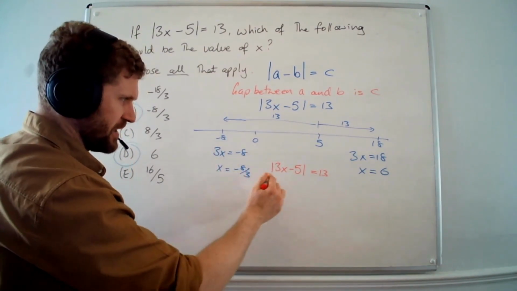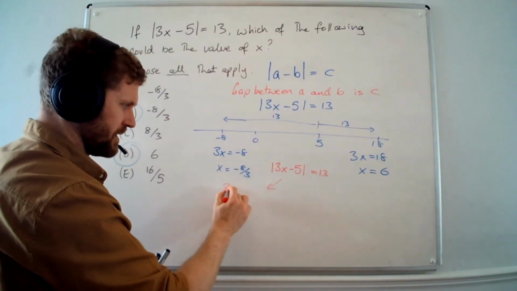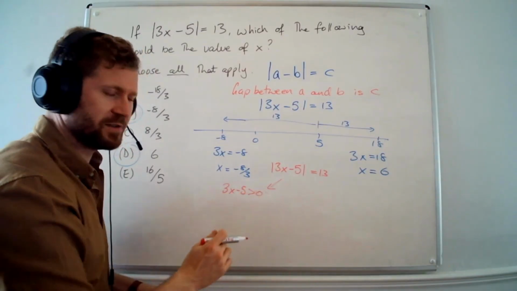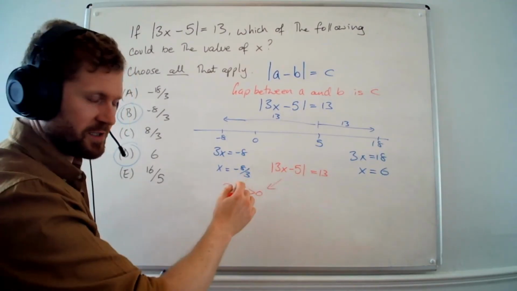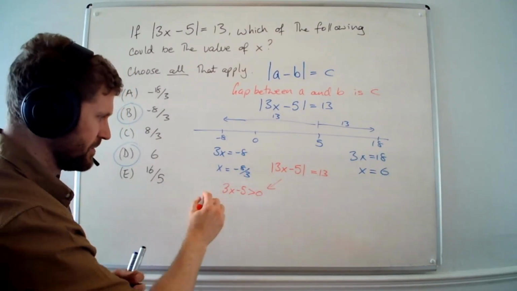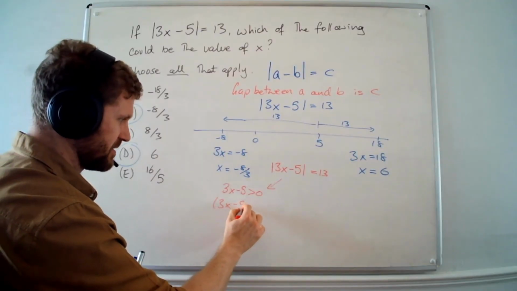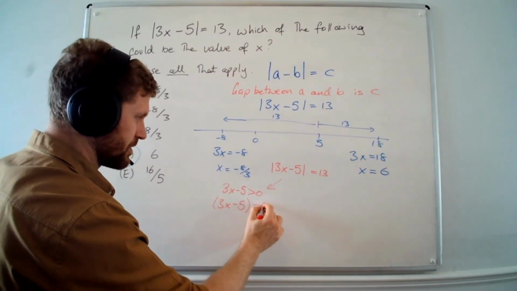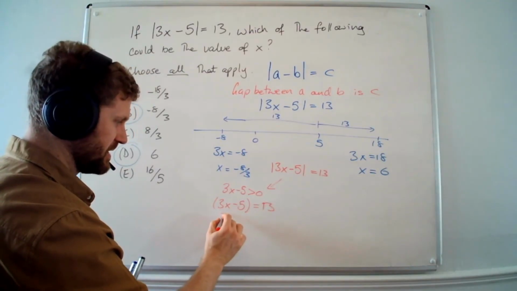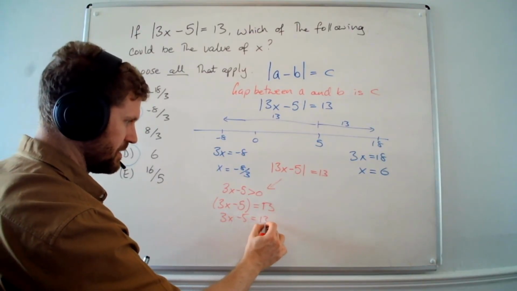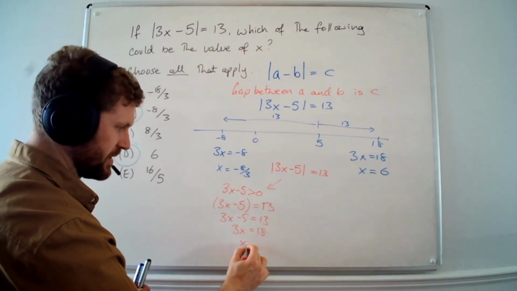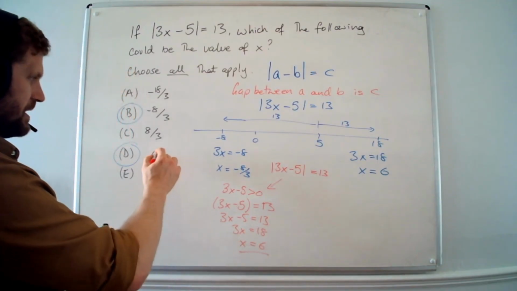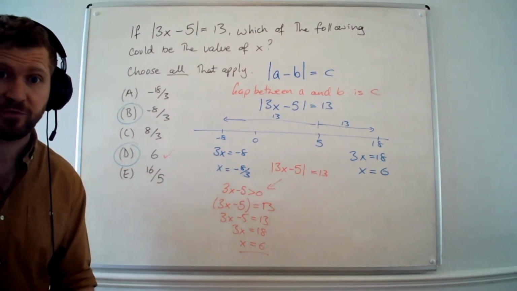So if 3x minus 5 was greater than 0, then the vertical brackets you can just treat as a standard set of parentheses, and we'd get 3x minus 5 is equal to 13. If I add 5 to both sides, I'll get 3x is equal to 18, and divide by 3, and x is equal to 6, which is the answer D that we got before.